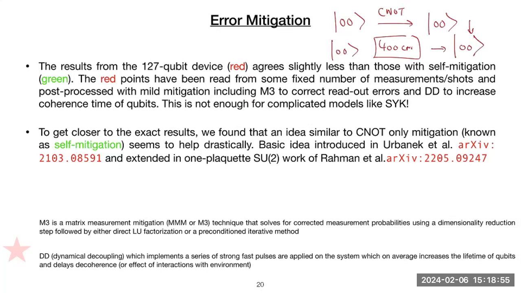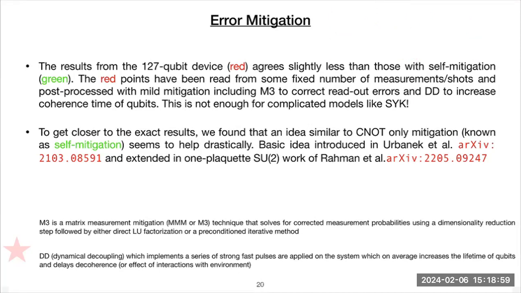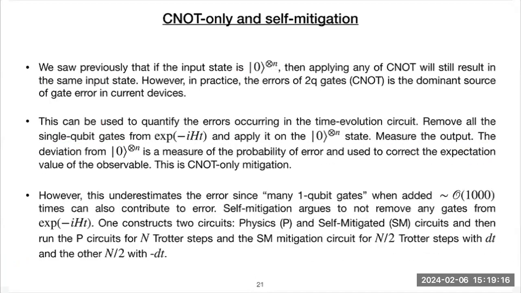And that probability is the error which has occurred just because the gates are not unitary. If the gates were exactly unitary, the error probability will be 0. Or if the decoherence of the qubits was not a problem, the probability will be 0. So once we have that probability, then we can use all these C0 only and C0 self-mitigation.